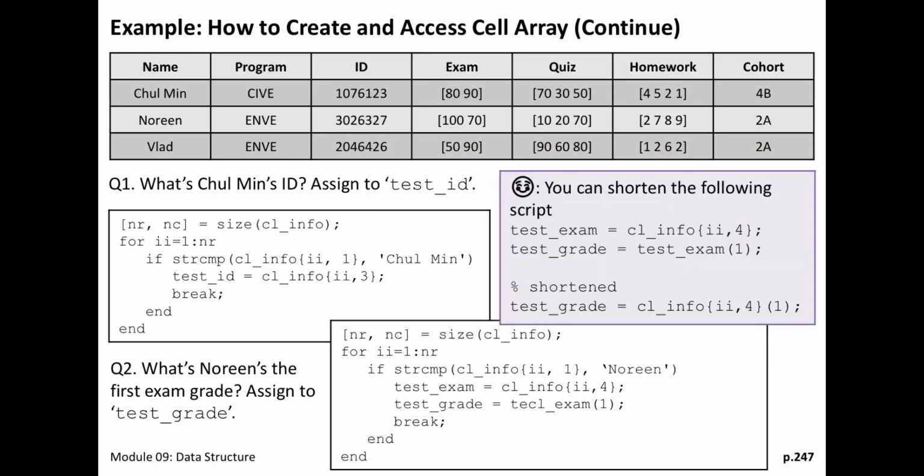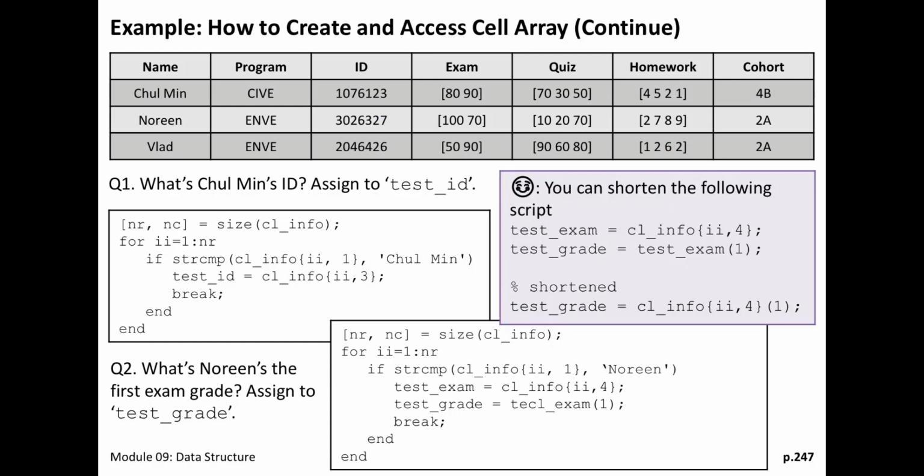Okay. Here's an example of how to process data in the cell. Let's assume that you're reading and storing the spreadsheet data in the class info variable. In this case, there are 3 rows, but we assume that it is, let's say, thousands of rows of data. Okay. How can we find the Chalmers ID?